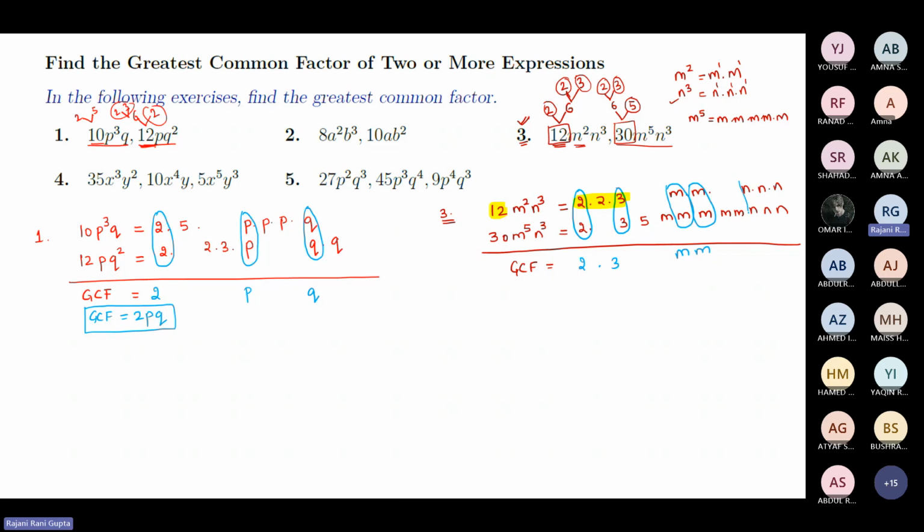And how many n's are there? 1, 2, and 3. So n, n, n. So 2 times 3 is 6. How many m? 2, so m power 2. How many n's? 3. So this is your greatest common factor.